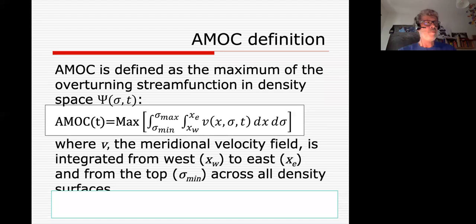The density of pure water is 1,000 kilos per meter cube, and the anomaly is of the order of a few per thousand. So density could vary from, say, 1,027 to 1,033, 34, 36.